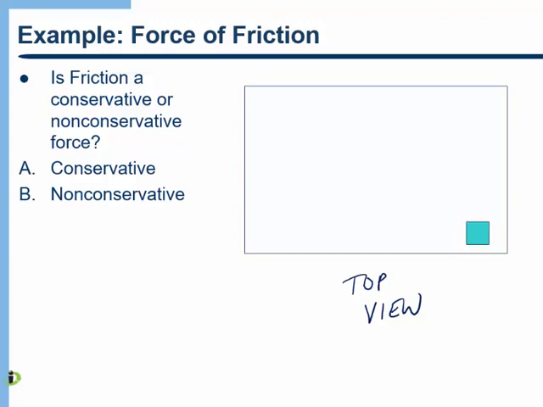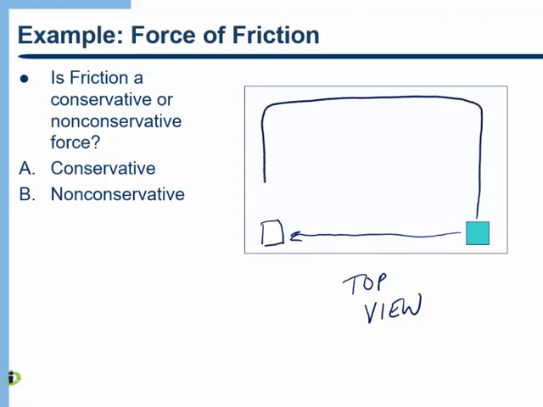If I asked you to move that box from that position to this position, would you just push it across the floor like that, or would you push it all the way around the room like that? And depending on which of those paths you chose, would the work that you would have to do pushing that box be the same?